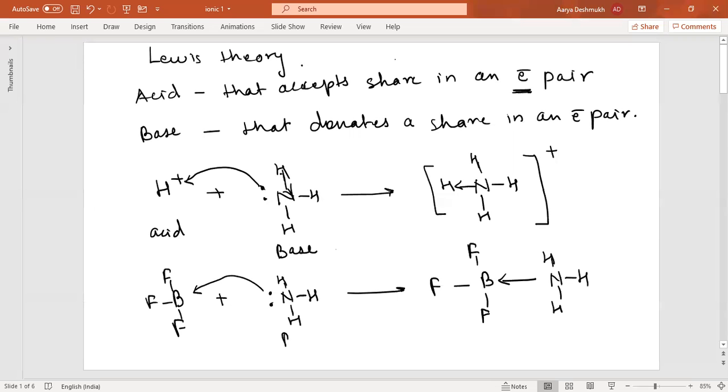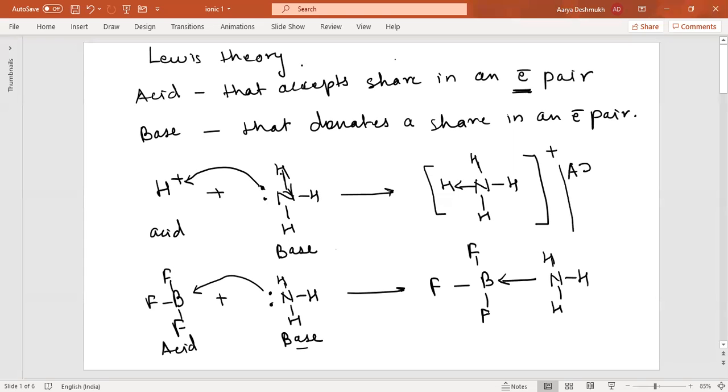So in this case, ammonia is a base and BF3 is an acid. According to Lewis, an acid is a species that accepts an electron pair, and a base is a species that donates an electron pair.